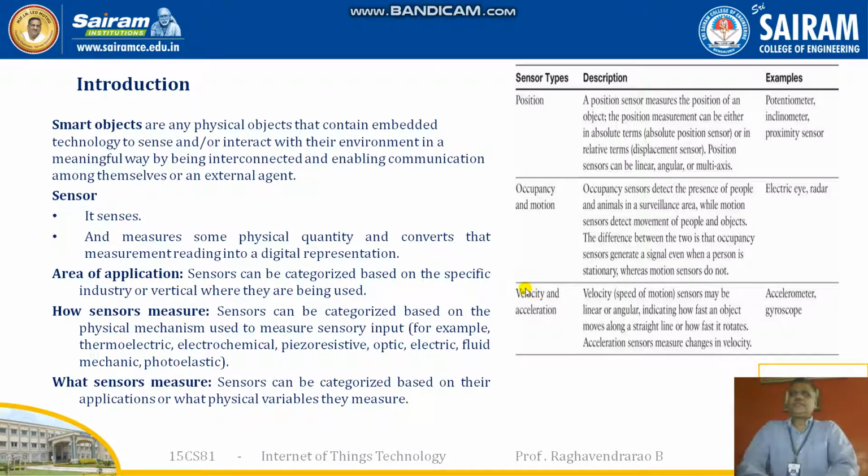So what is a smart object? Smart objects are physical objects that contain embedded technologies to sense and/or interact with their environment in a meaningful way, by being interconnected and enabling communication among themselves or with an external agent.